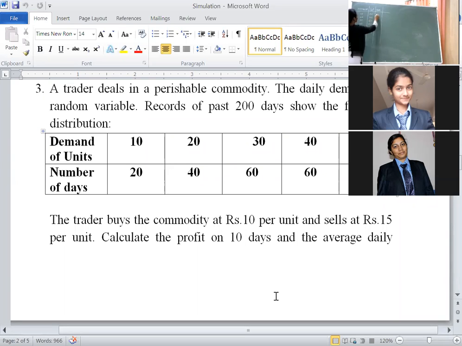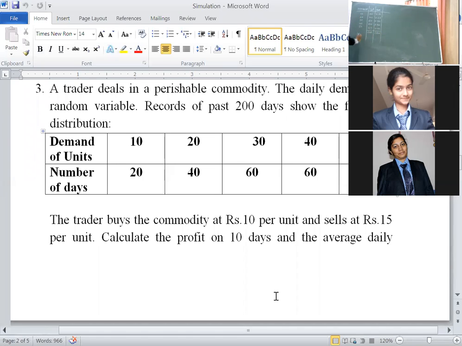20 upon 200, what value will we get? 0.10. 40 upon 200 gives 0.20. 60 upon 200 gives 0.30. 60 upon 200 gives 0.30. 20 upon 200 is already calculated as 0.10. If you add this, you will get the total probability as 1.